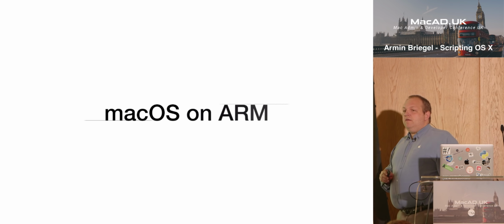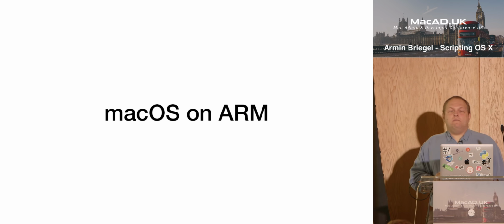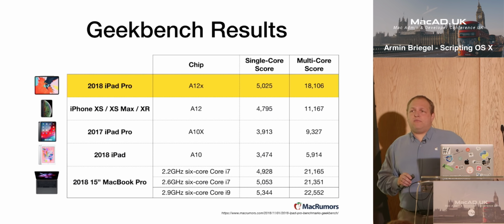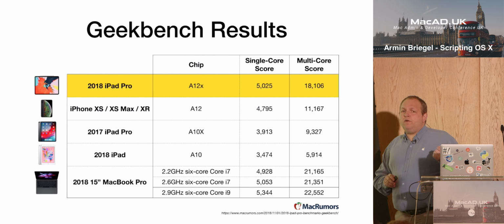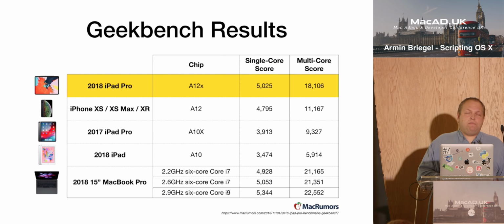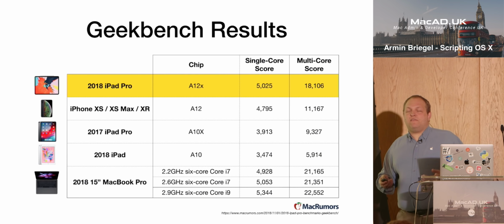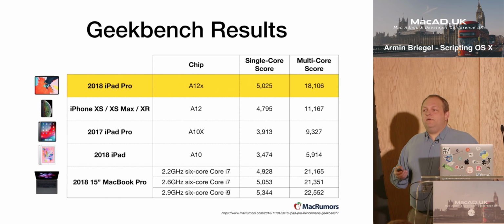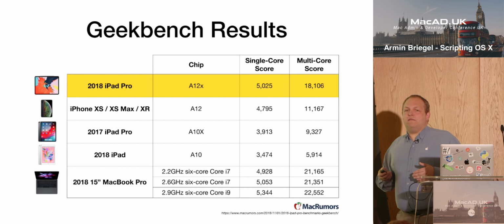And then the last one, big rumor, macOS on ARM. There was an article in Bloomberg last year about that, but also when Apple did the iPad Pro update last year and the Geekbench results benchmarks came out, everybody was like, oh, look, the A12 chip doesn't just compete with low-end MacBooks anymore.